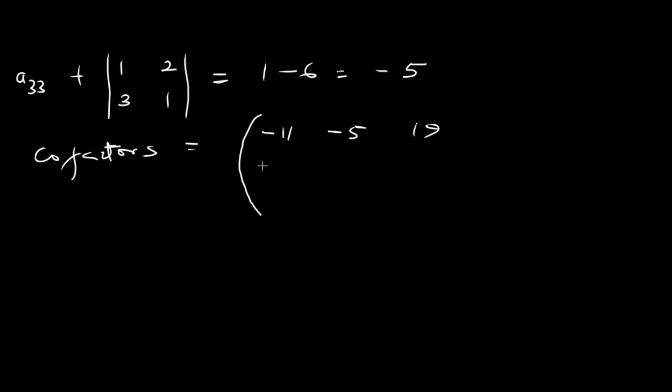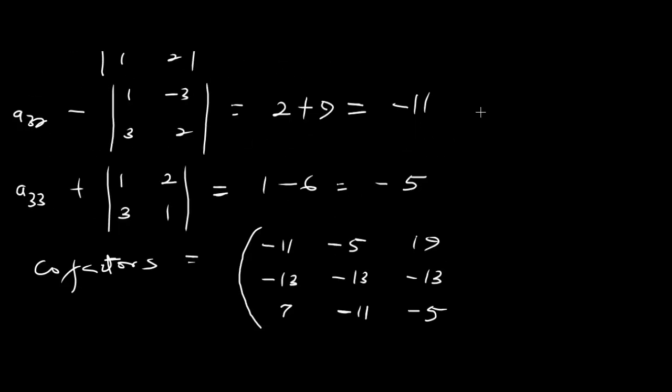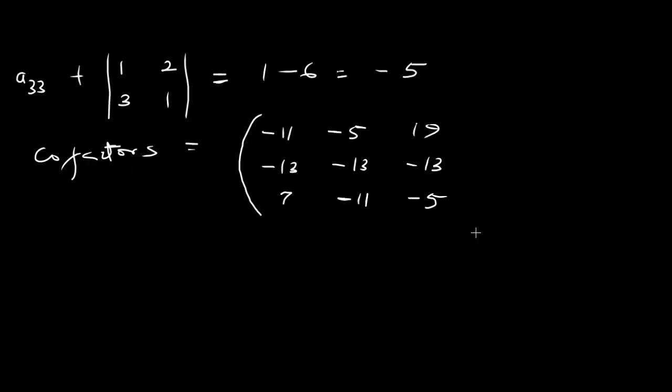That will be our second row. Then we got 7, minus 11, and minus 5. So this is the cofactor of that matrix.